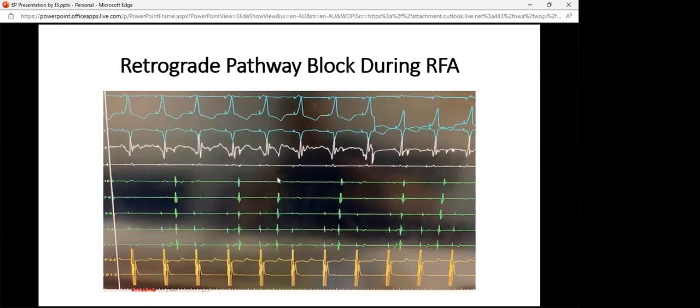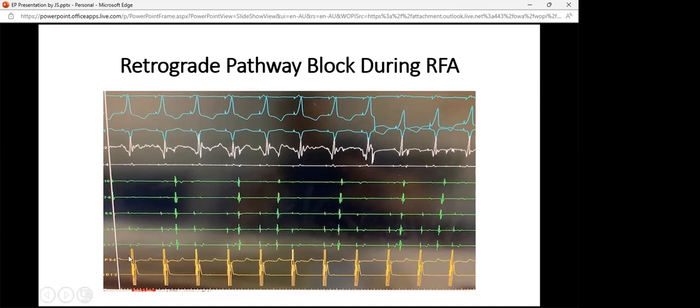And what you can see here between this picture and this picture is that we're still pacing the ventricle, but for every ventricular paced beat, you will see that we do not have an atrial event, meaning that we have block now. We have VA conduction block caused by our ablation, meaning that hopefully that is a successful endpoint for our ablation.